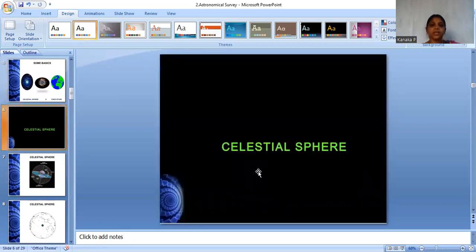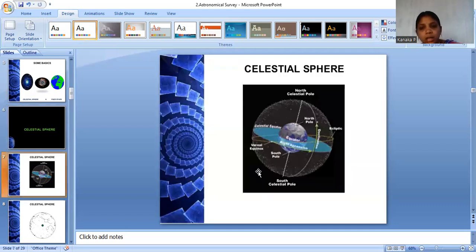So next main topic is the celestial sphere. There are millions of stars in the sky on a cloudless clear night, at varying distances from the Earth. The astronomer is concerned with the relative position of the stars rather than their actual distance from the observer.